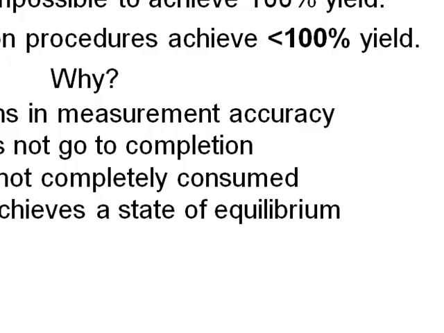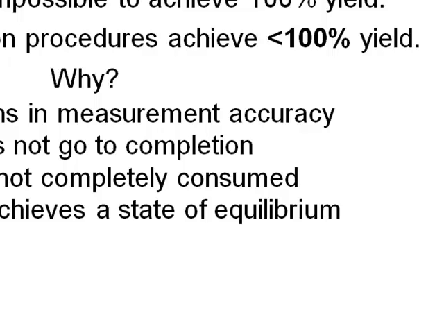The next thing is the reaction does not go to completion. If the limiting reactant is not completely consumed or is not able to be completely consumed, you can have some limiting reactant left over at the end that does not react, or the reaction achieves a state of equilibrium, where it's not only going forward, but it's also going in reverse.